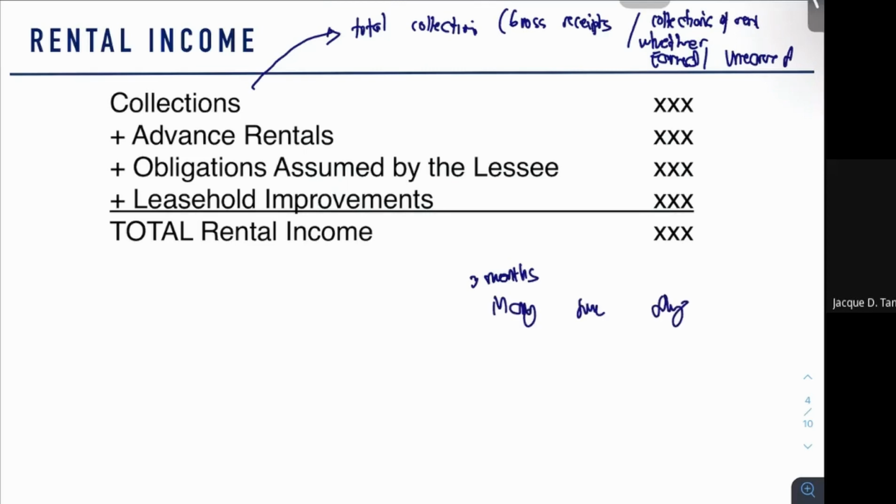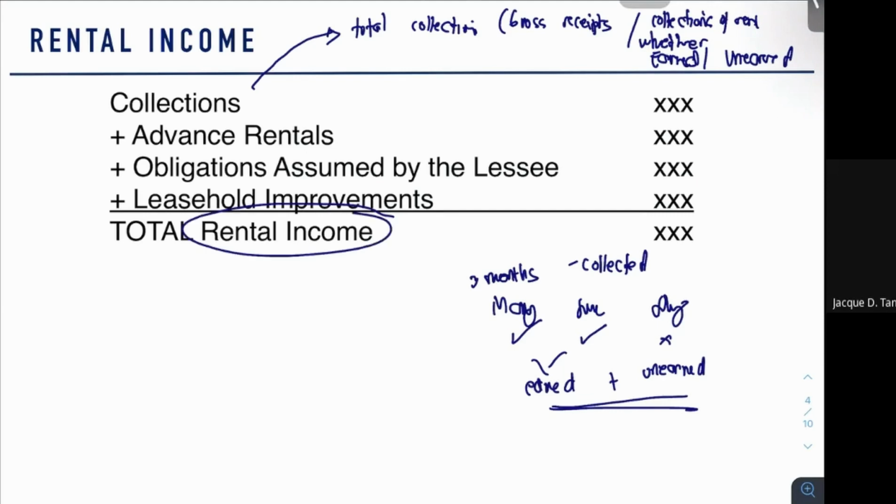For sure, you have already used May and you are now using June, so May and June are considered earned. July is not yet used, therefore it is considered unearned. Either earned or unearned, they are part of your rental income as collections.